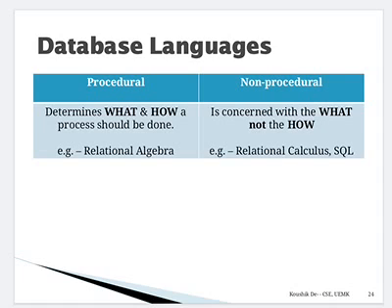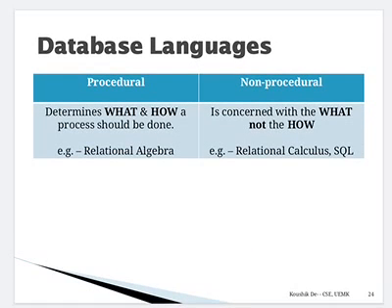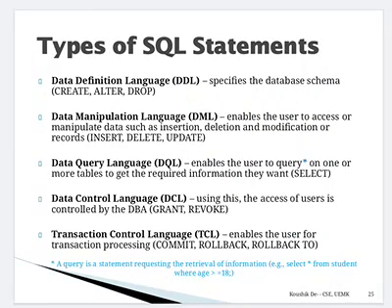Database languages: procedural and non-procedural. Procedural database languages determine what and how a process should be done, for example relational algebra. Non-procedural is concerned with what, not the how. Types of SQL statements.